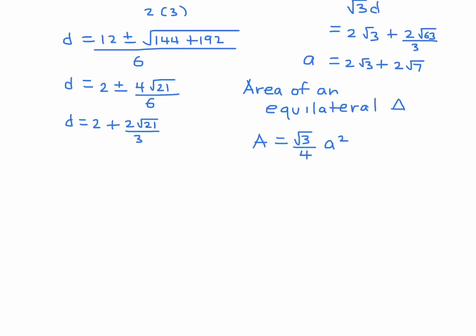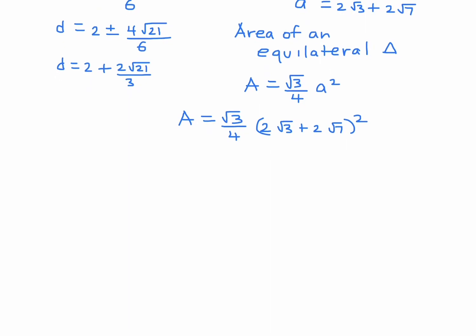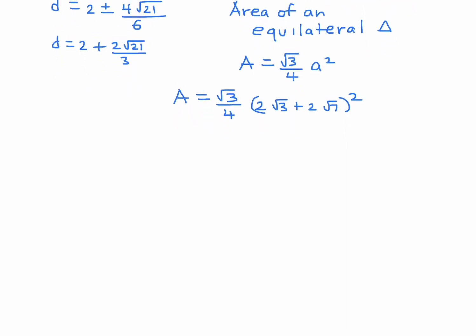So use that formula. A would be root 3 over 4 times 2 root 3 plus 2 root 7, all squared. And let's expand this now. So root 3 over 4, it would be 2 root 3 times 2 root 3, so it would be 3 times 4, which is 12.